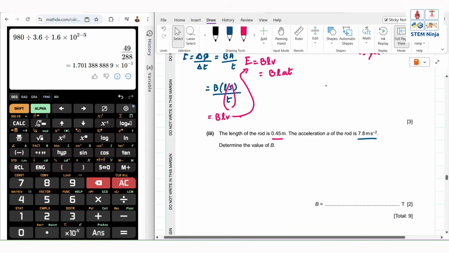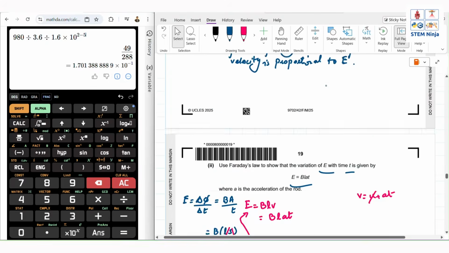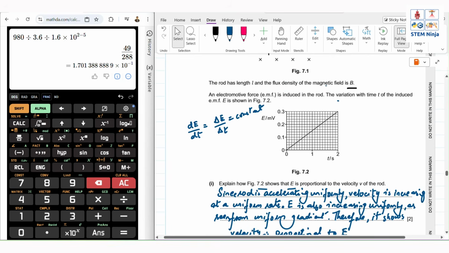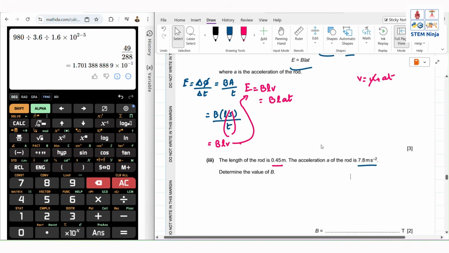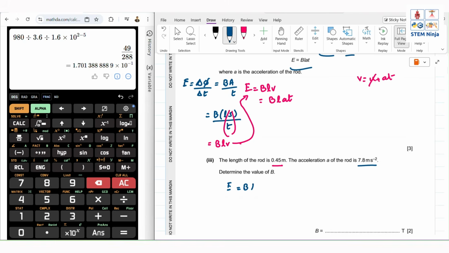So we have E is equal to BLAT. If we take T to the other side, change in E over change in T is equal to BLA.